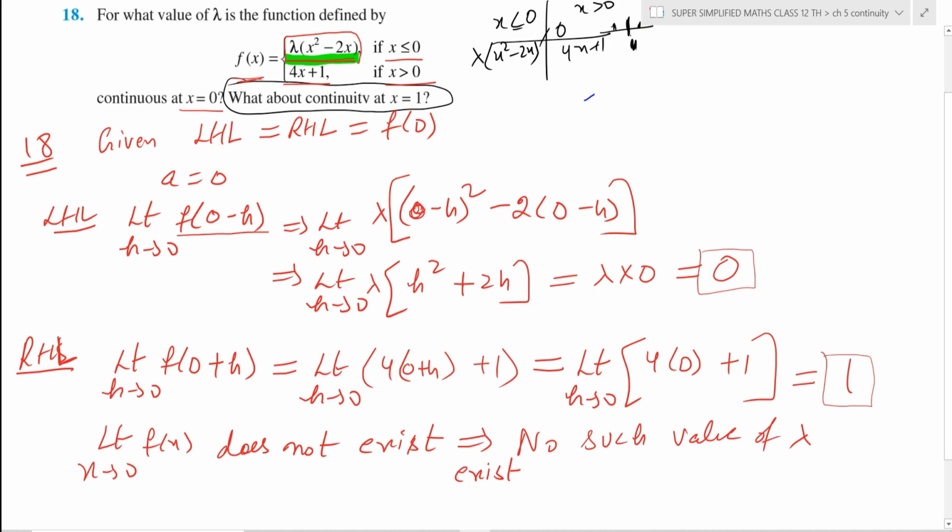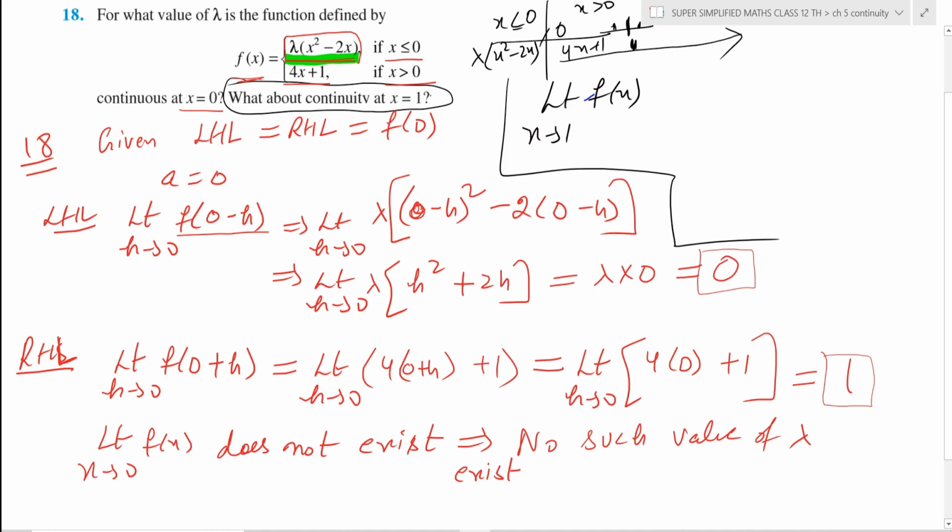It remains 4x plus 1 throughout the positive side of the x-axis, and therefore if you have to calculate the limit of the function at the point 1, because we are checking the continuity of the function at the point 1, there is no need for us to take the left hand limit or right hand limit. We simply take 4x plus 1 because this is the function in left of 1 and in right of 1.